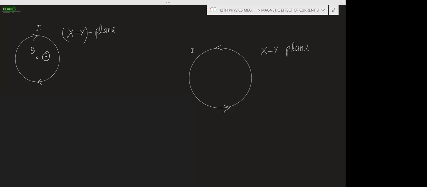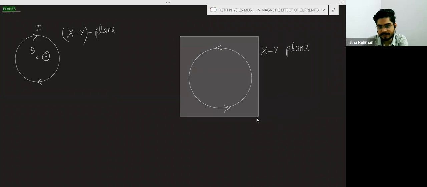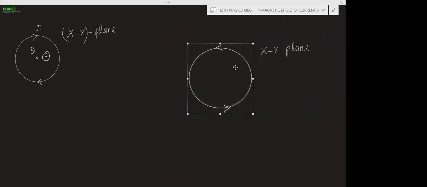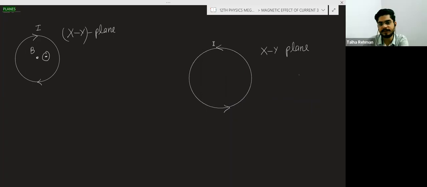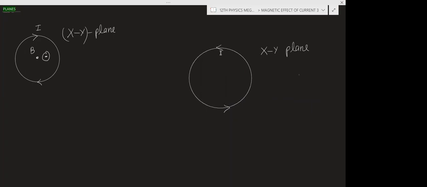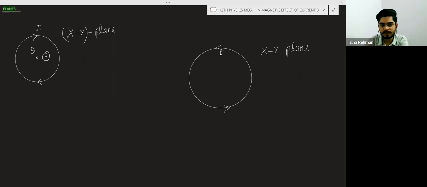I am saying that this wire is in the xy plane. Yes. This is a circular wire, and the direction of current is represented by the arrow. When you apply the modified right hand thumb rule, what is the direction of the magnetic field at the center?